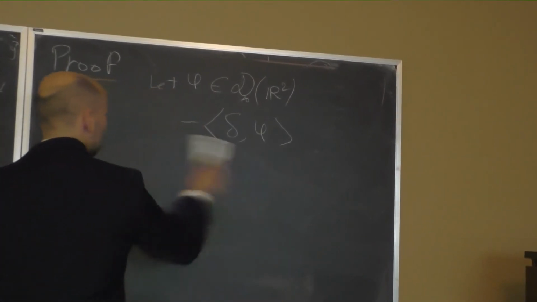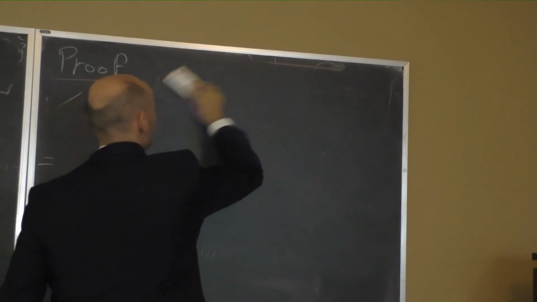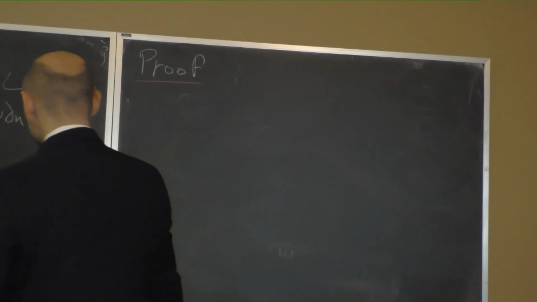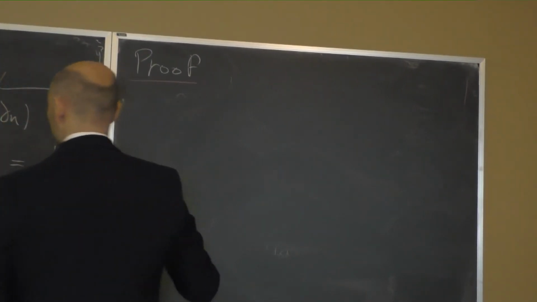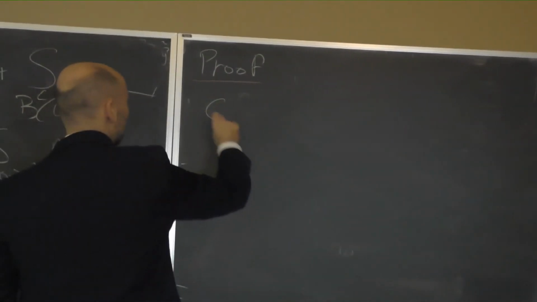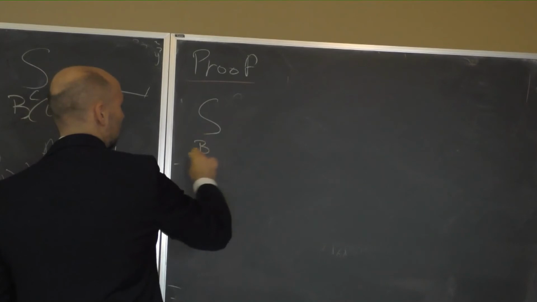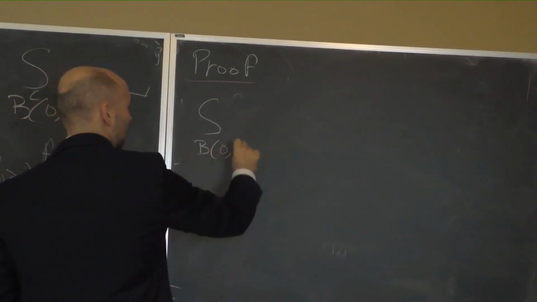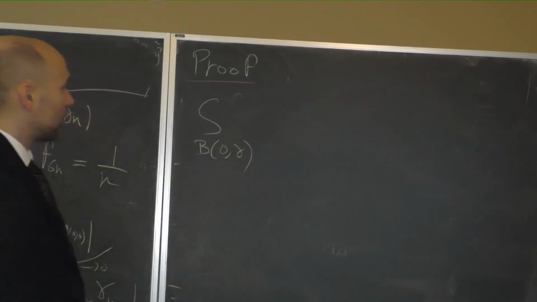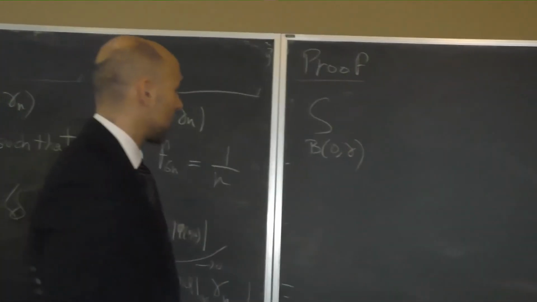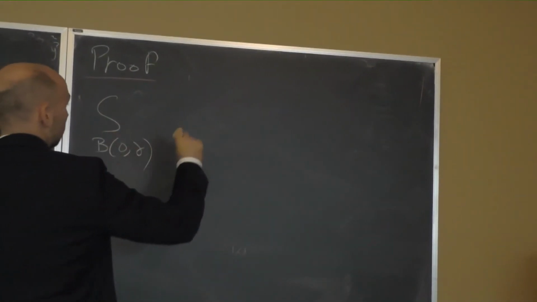So that is the same work as proving that the integral of the quotient is 1. So what I am going to do is compute the integral over the ball centered at 0, 0 and of radius gamma of my f sigma.